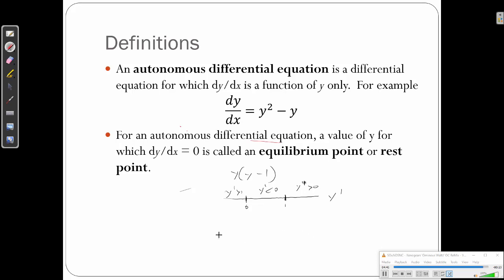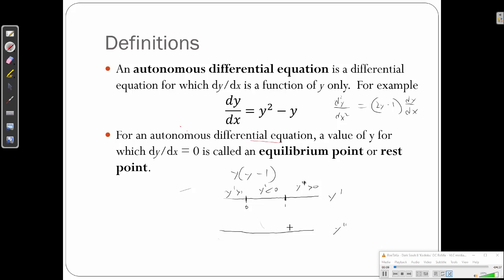If I look at the second derivative, which would just be d squared y dx squared, that would be 2y minus 1 times dy dx, because of the chain rule. So it's still going to have rest points or critical values in the same place as before, but it also has this one.